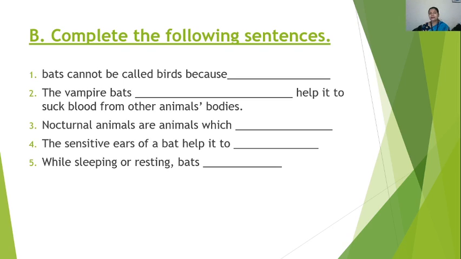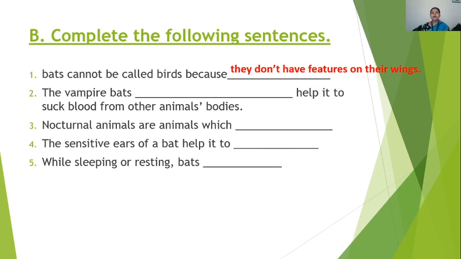So never get perplexed if the answer is too long, and don't think that you may be wrong. The answer could be one word, as I told you, or two words, or maybe a long sentence. So let's start solving it. Bats cannot be called birds because, I told you this reason in the very beginning. Why are they not called birds?